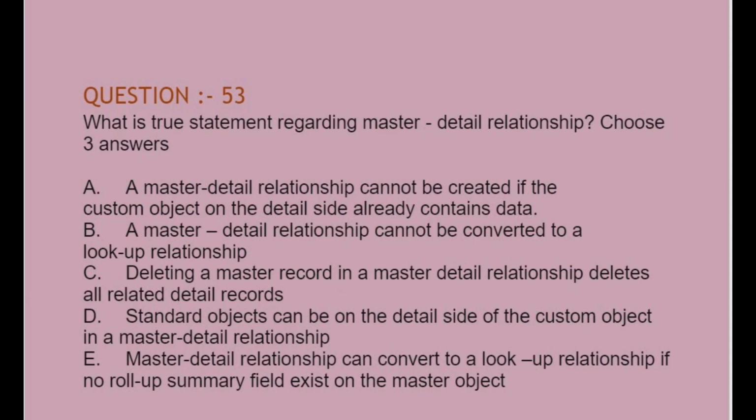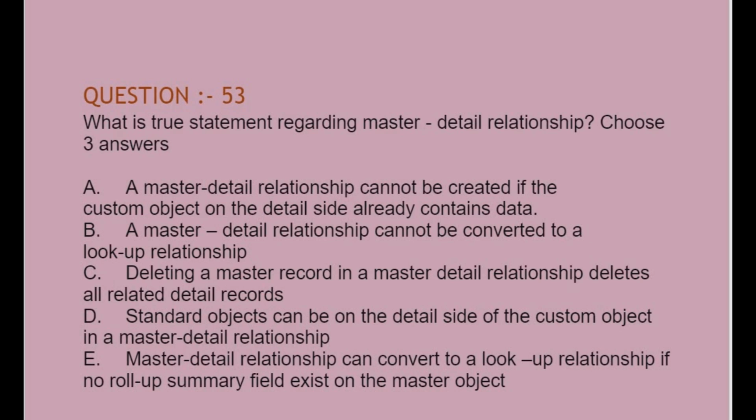Question is, what is true statement regarding master detail relationship? Choose three options. Option A, a master detail relationship cannot be created if the custom object on the detail side already contains data. Option B, a master detail relationship cannot be converted to a lookup relationship. Option C, deleting a master record in a master detail relationship deletes all related details records.